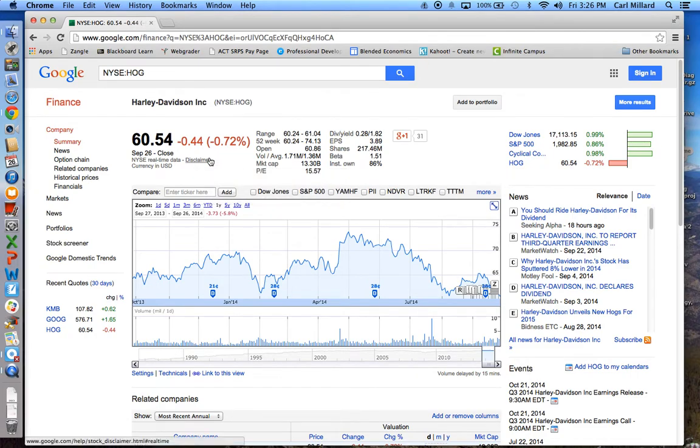Because remember, let me zoom out here in concept. When you're a shareholder, you own one portion of the company. There are 217 million shares. If you own one share, you are one little tiny slice of Harley-Davidson.